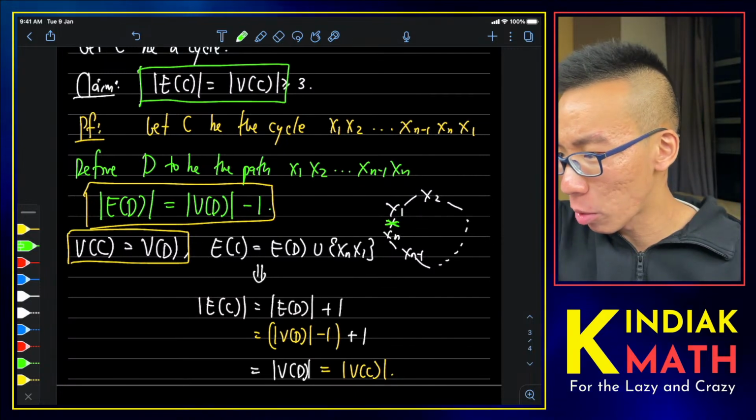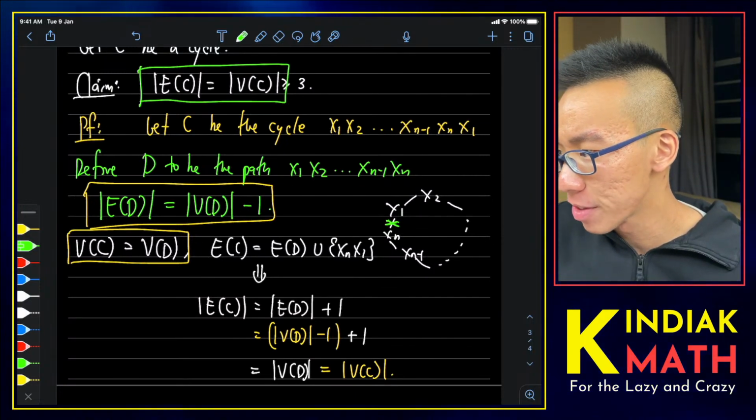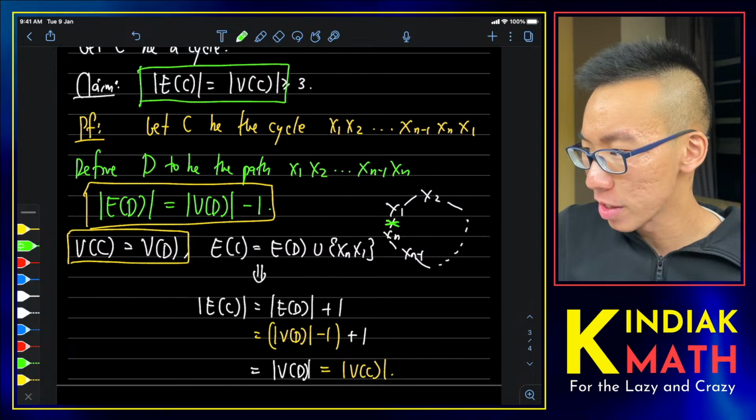Okay, are we talking about the question pertaining to complete graphs? Are we talking about that question, out of curiosity?